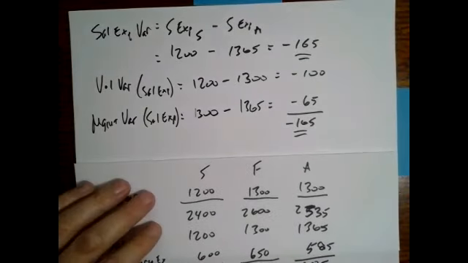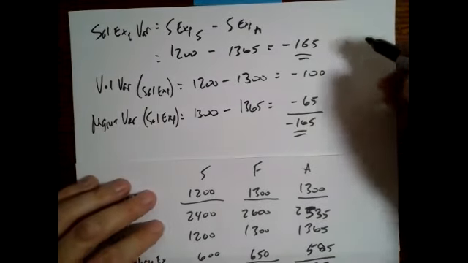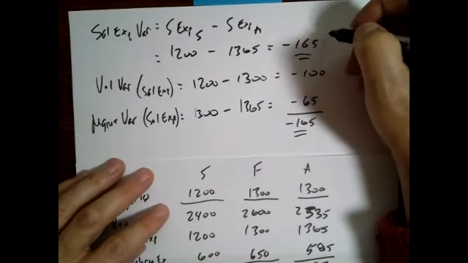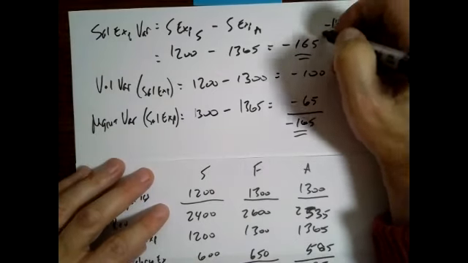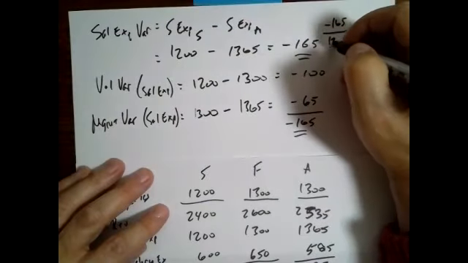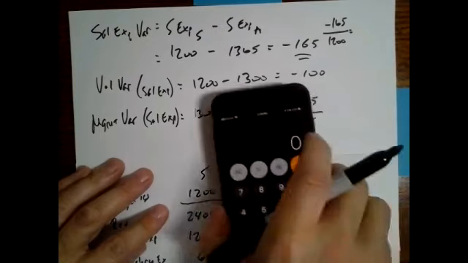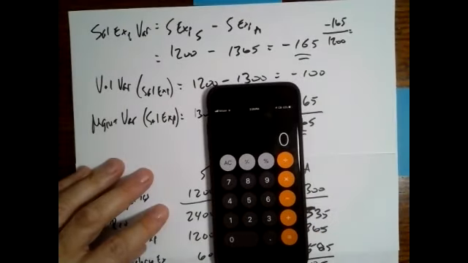Now, I didn't do the percent changes, so we'll just do that real quick. We had a 165 variance, so we take minus 165 divided by 1,200, which is our static amount, right? Because when we think about percent changes, we're interested in the percent relative to the original projection, or how far off are we?